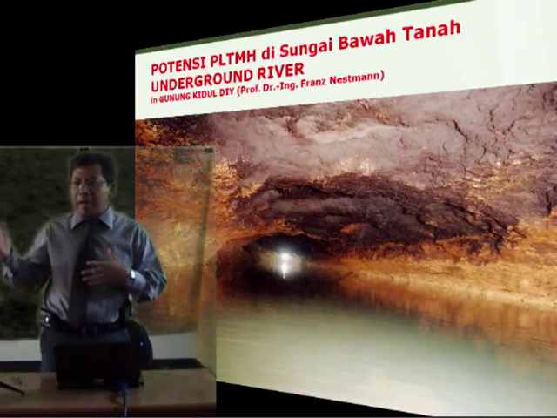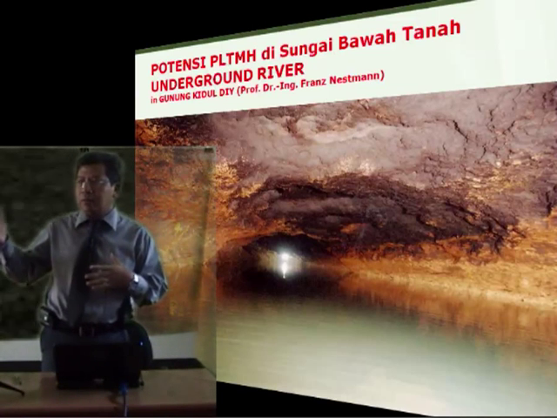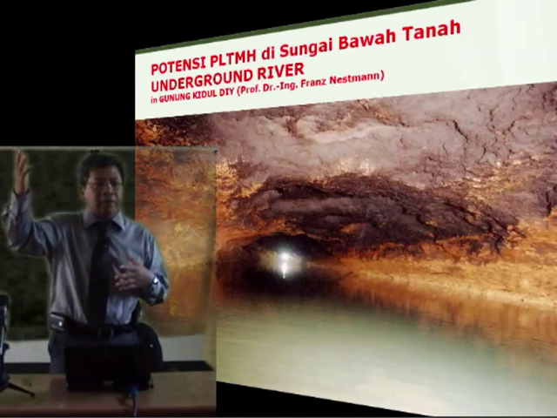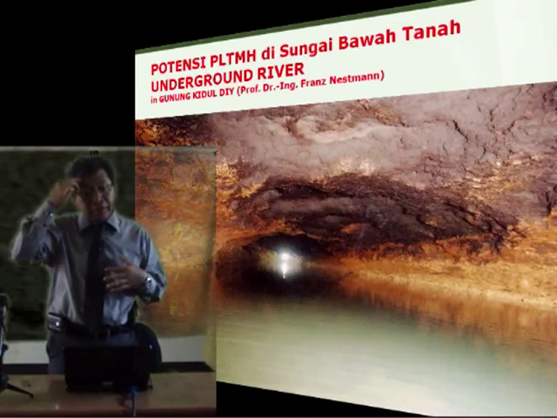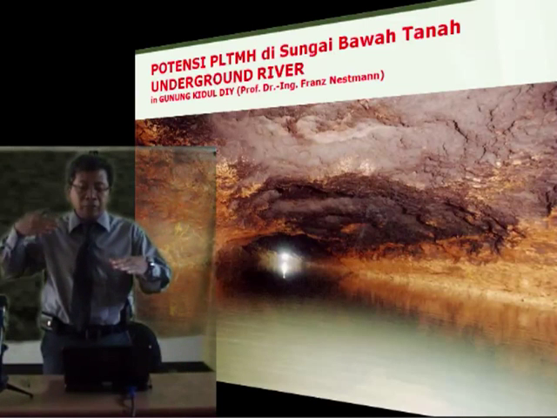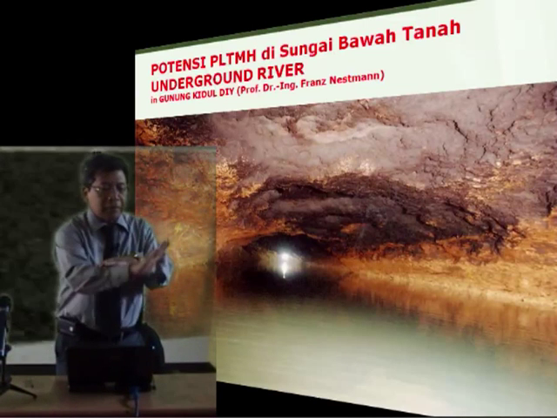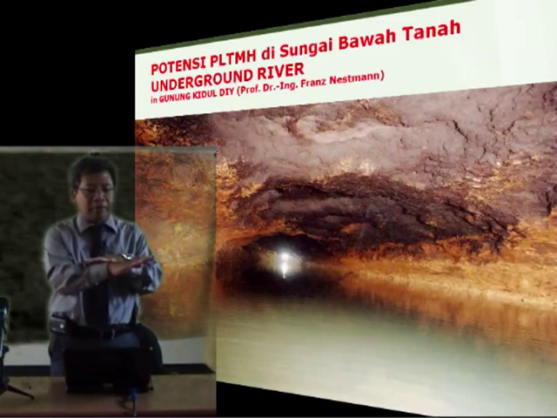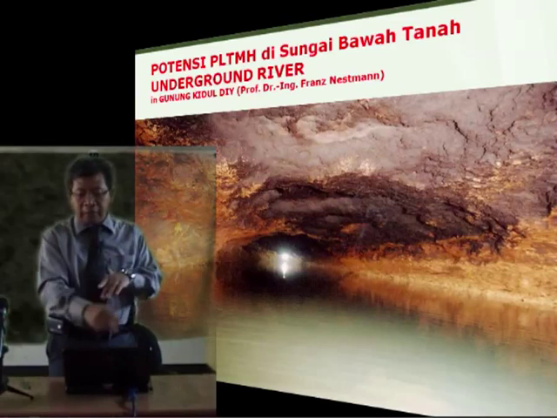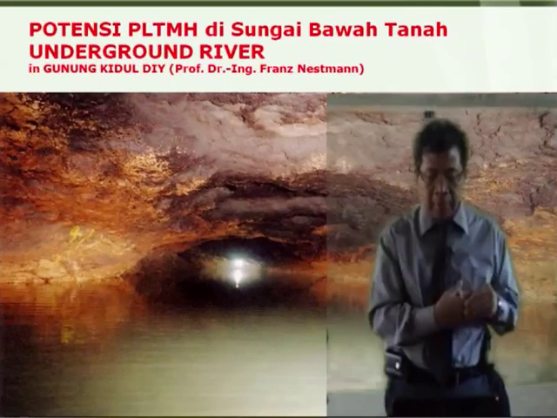Like in Baron, in Krakal, Pupuk, and some other beaches in Indonesia, suddenly you see water flowing from the downstream, from the tier, coming up. Like in Baron, you have fresh water there. It's actually from an underground river.